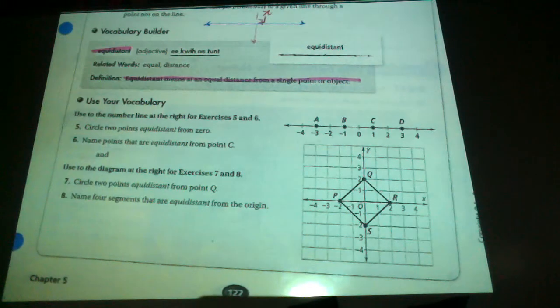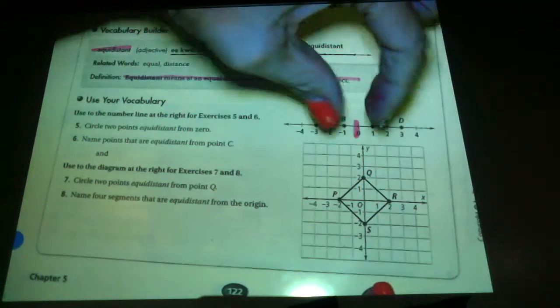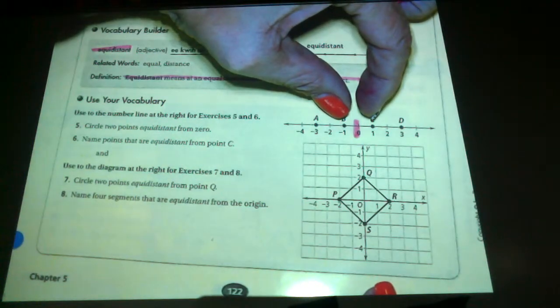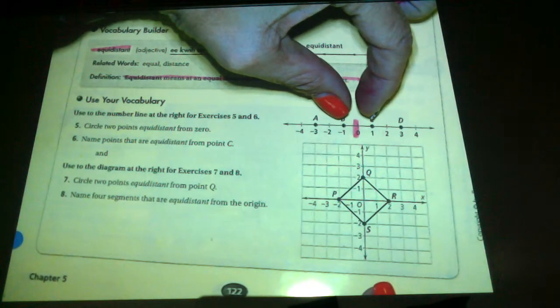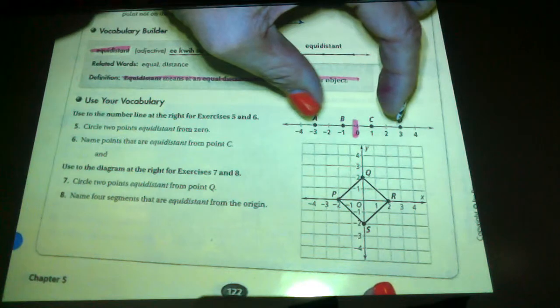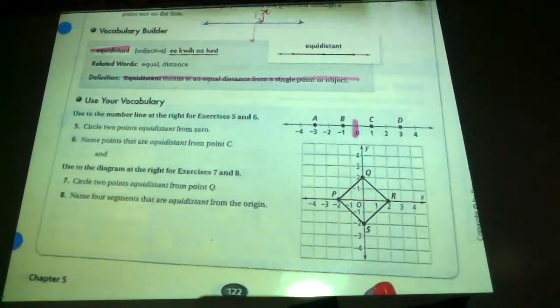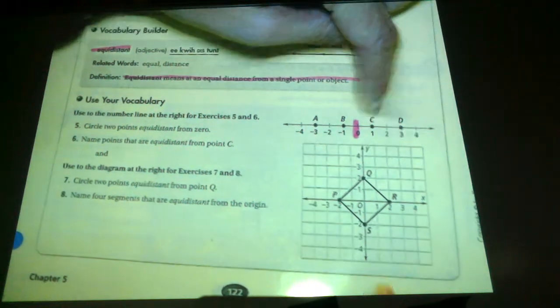So if I looked at 0 right here, wouldn't B and C be equal distance from 0? They're both how many units away? 1. Would A and D be equal distance? They're both how many units away? 3. 3 units away from 0. What about equal distance from point C?